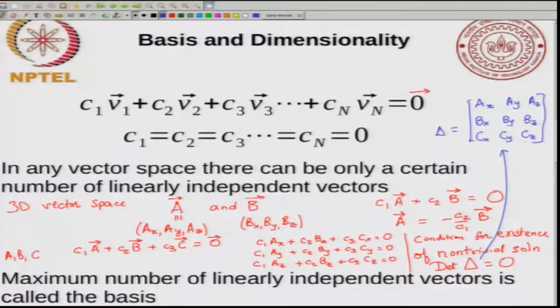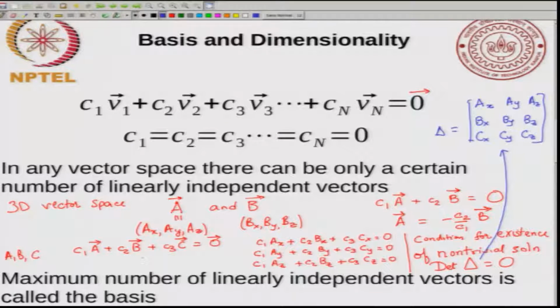If the determinant of this matrix delta is 0, then A, B and C are linearly dependent. If this determinant is not equal to 0, then A, B, C are linearly independent. So, there are very easy ways to check whether two or three vectors are linearly dependent or independent.